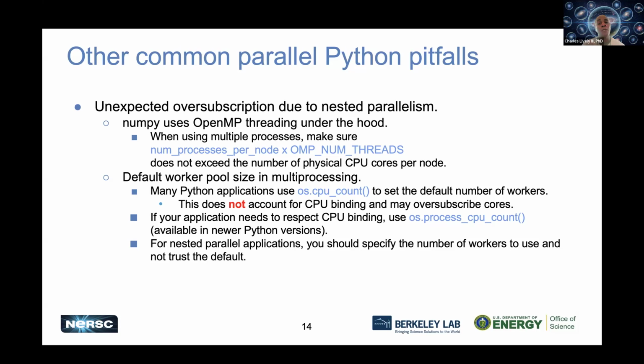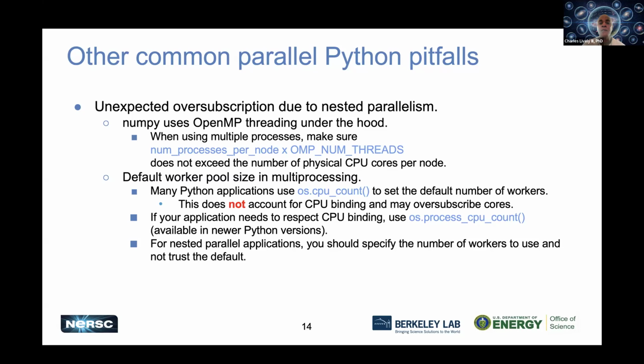This can be a little more complicated when you're working on shared nodes, where you don't have complete access, and you maybe by default request more resources than you have available. Whenever you're working with Python in parallel and using multiple processes, make sure that the number of processes per node times the number of OpenMP threads doesn't exceed the number of physical CPU cores available per node, as well as what you requested.